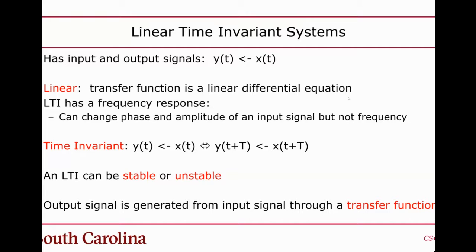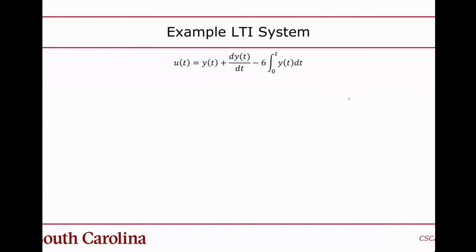And then an LTI can be described as being stable or unstable, and stability is really the goal of control theory, to take an unstable system and make it stable. I'm going to talk more about that in a minute. And LTIs are also described by their transfer function, which is essentially how you get an output from an input.